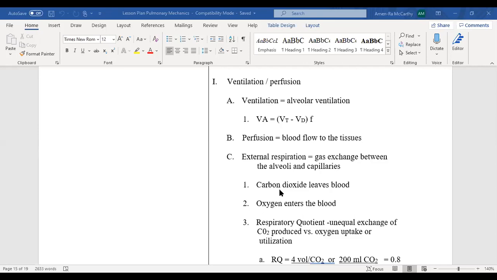If the oxygen is 100 in the alveoli and only 25 in the capillary, it's going to go to the capillary. That's why oxygen shoots into the capillary, because the oxygen pressure in the alveoli is 100, but in the capillary it's only like 25.